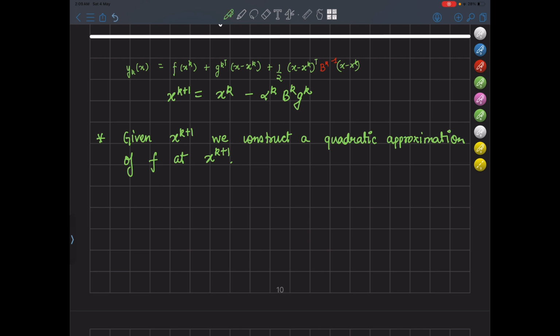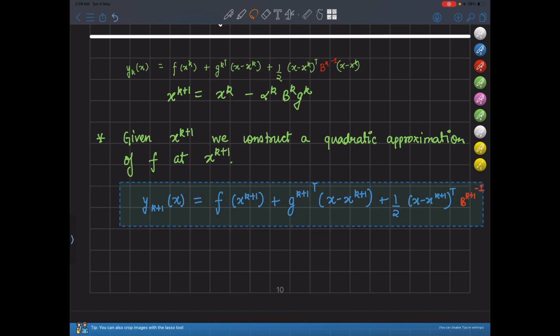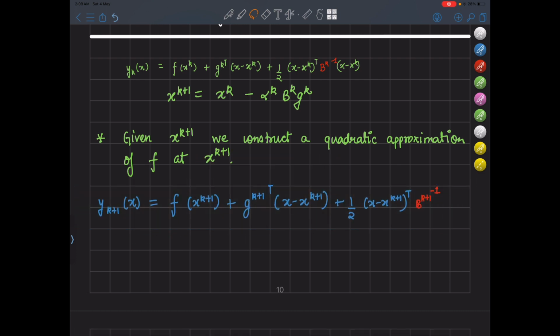So which will be y k plus 1 of x, given by f of xk plus 1 plus g k plus 1 transpose (x minus xk plus 1) plus half (x minus xk plus 1) transpose Bk plus 1 inverse (x minus xk plus 1).